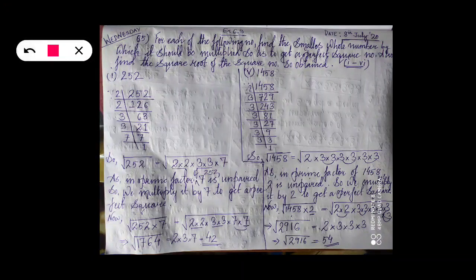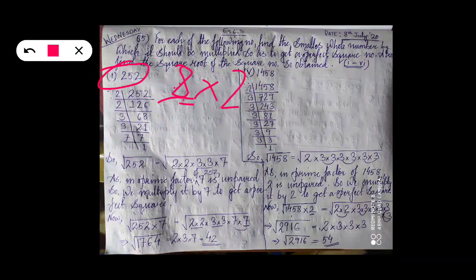I am taking a small number so you will understand it properly. 8 is not a perfect square of any number. So what should we multiply with 8 so that it will become a perfect square? If you multiply with 1, you will get the same number, 8.